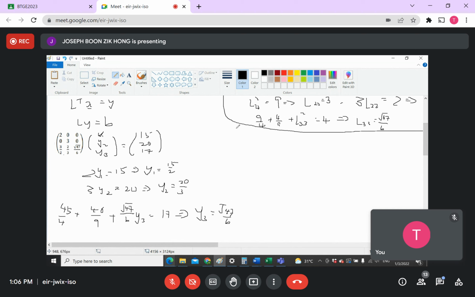So my LT will be 2, 0, 3 over 2, and 0, 3, 0, 0, sorry, 0, 3, 2 over 3, and then 0, 0, 47 over 6 times your x, which is x, y, z, equal to your y, which is 15 over 2, 20 over 3, and 47 over 6.